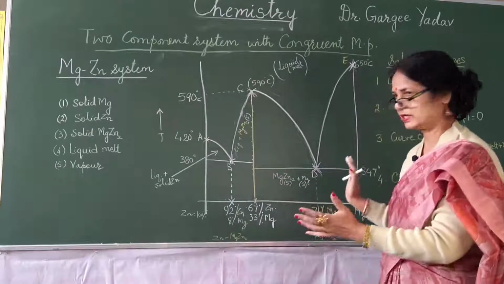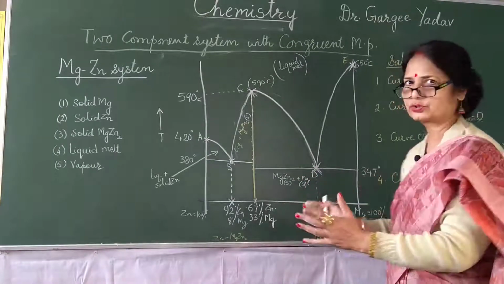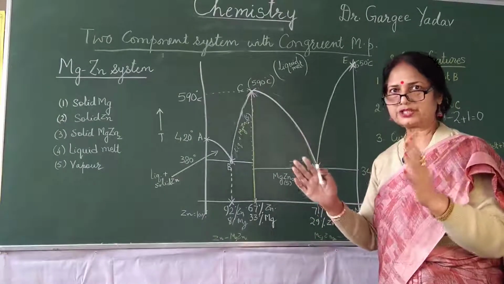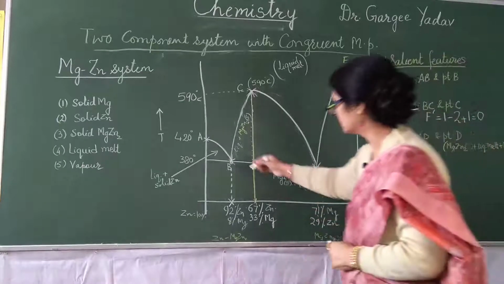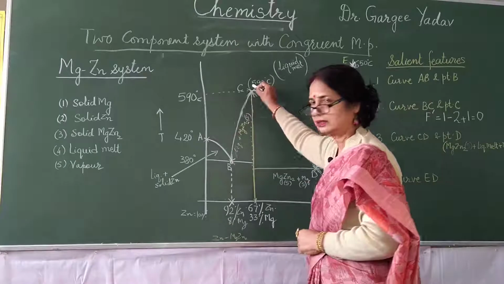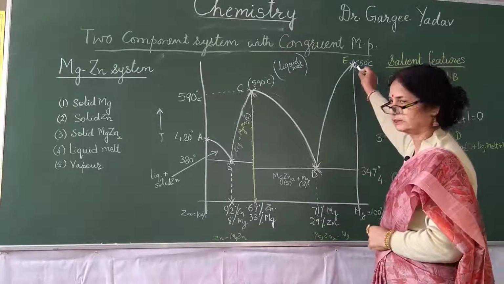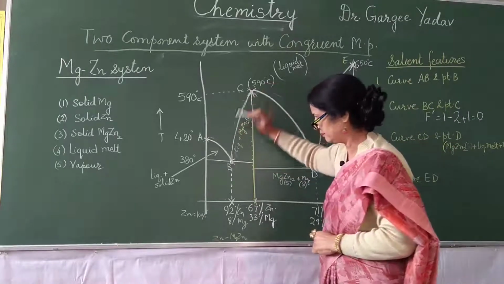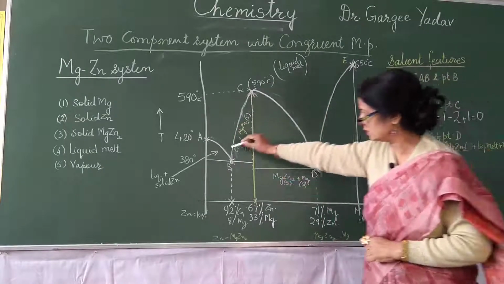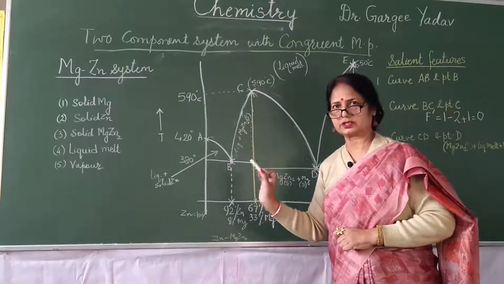If we observe this phase diagram, what we see is that it is actually a combination, a merging of two phase diagrams. One is the phase diagram of the zinc MgZn2 system.